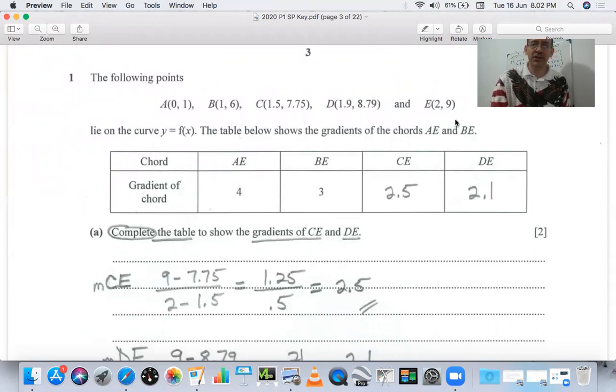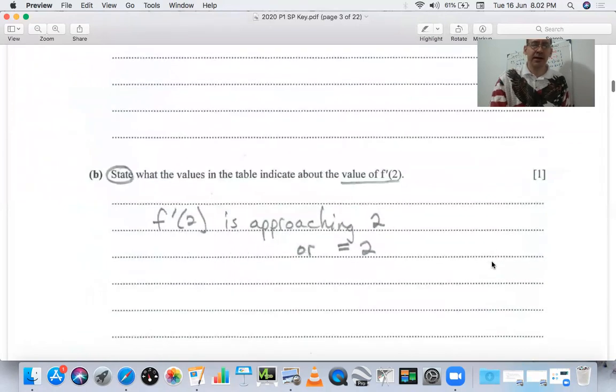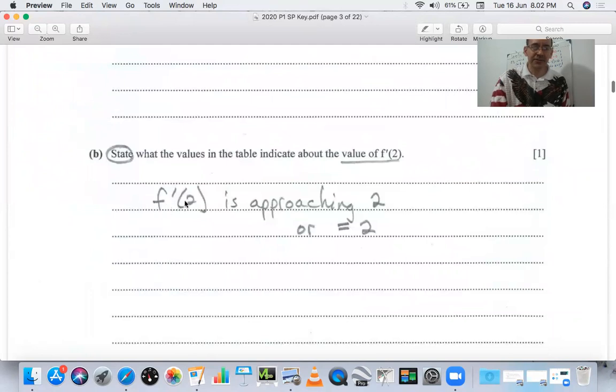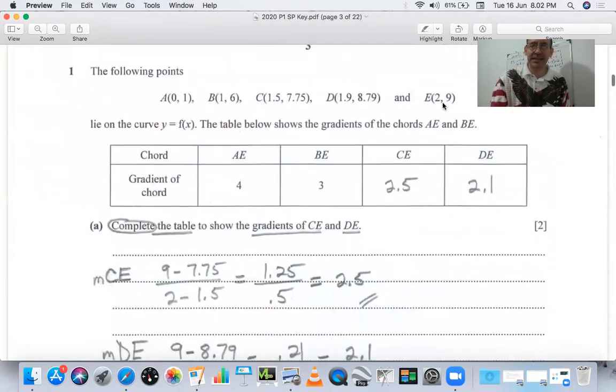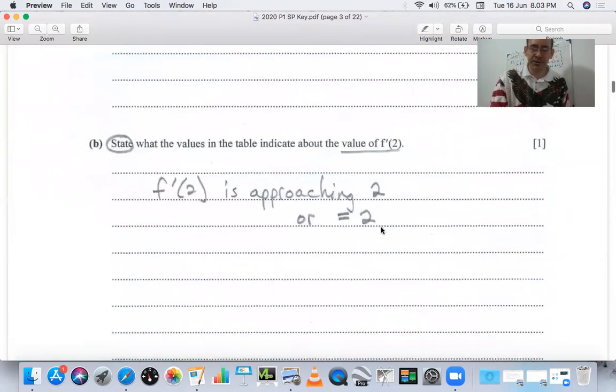And the 2.1 is not at E, it's the D to E. So our conclusion, which is only a 1 point question here, is that the first derivative at 2 would be approaching 2 or equal to 2 by the time you get to E itself. You can see it already went down to 2.1. So it's reasonable to conclude that by the time you get to E, the slope is now at 2.